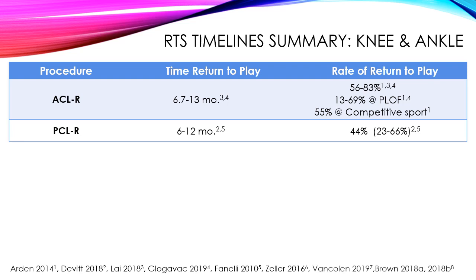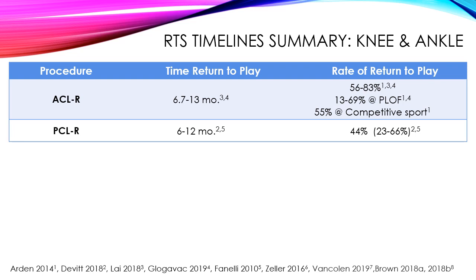All right, looking at ACL reconstruction and PCL reconstruction, there's going to be quite a spectrum as far as the percentiles that are reported for those that are returning to play, and also considering what it means to simply return to play versus return to their prior level of performance or function. When you talk about returning to play or participation per se, you're going to have higher rates, 56 to 83%.